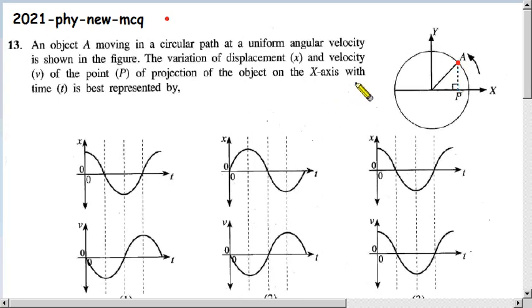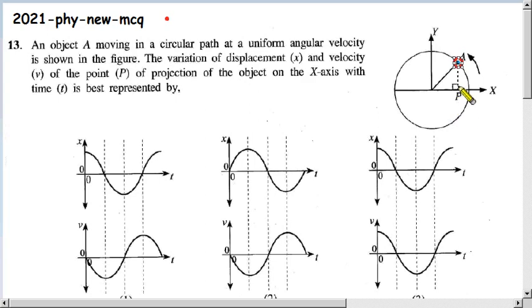So I will show you how this projection moves while this object moves along this circular path. So let us draw a circle like this, little thick. Now I am moving this circle along this circular path.